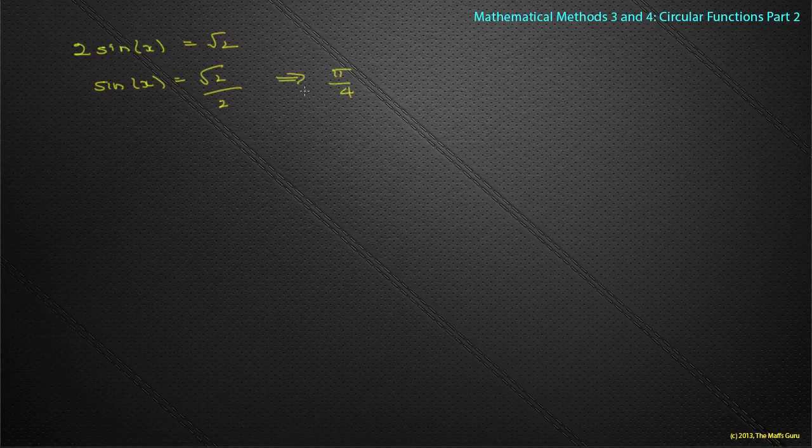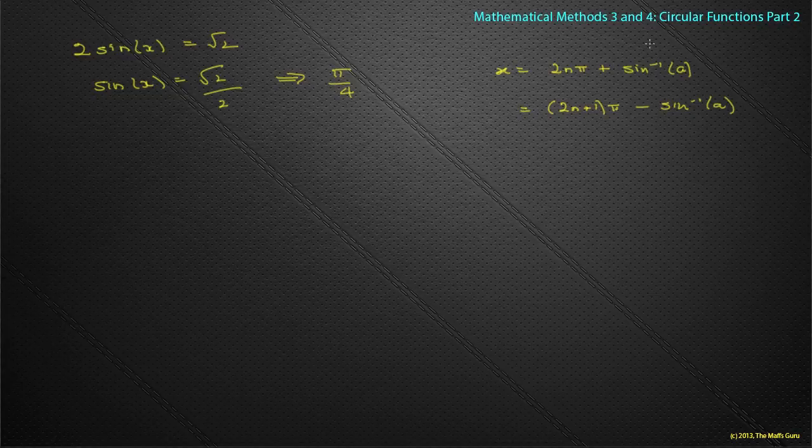So if we go back and look at what it's asking, sine says that your general solutions are given by 2nπ plus sin⁻¹(a), and or given by (2n+1)π minus sin⁻¹(a).